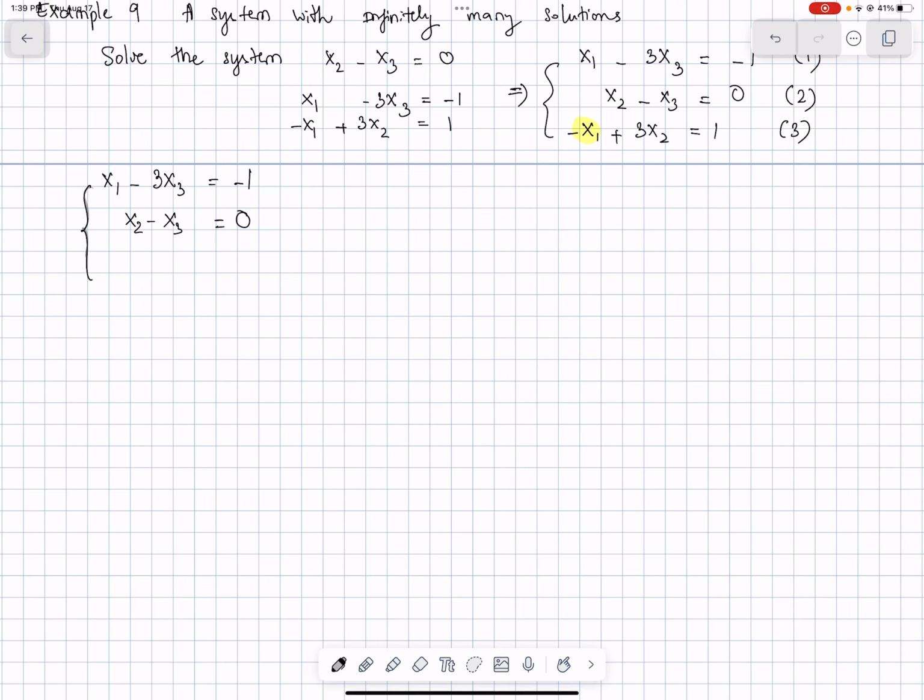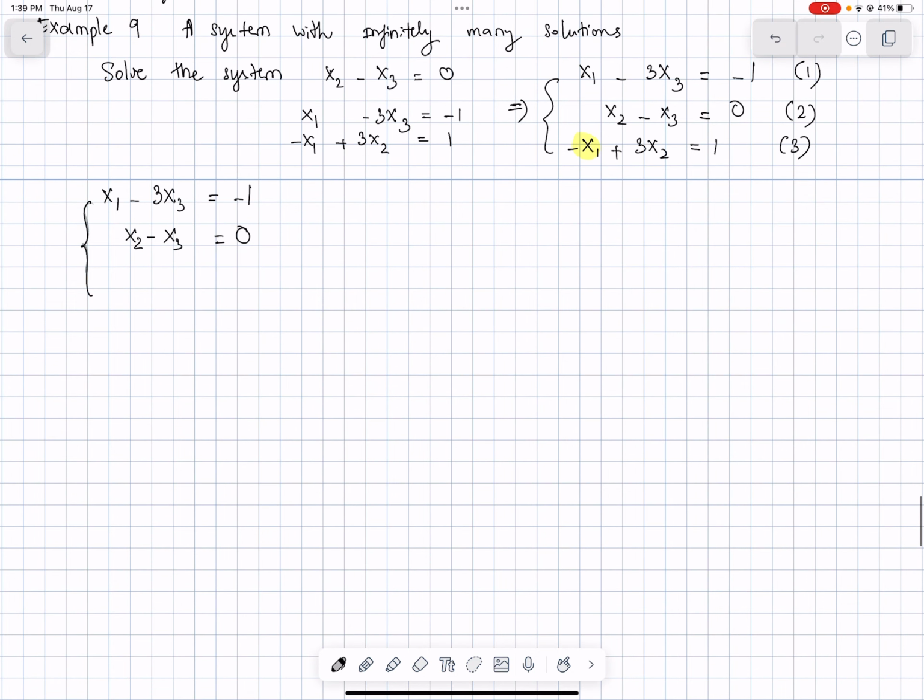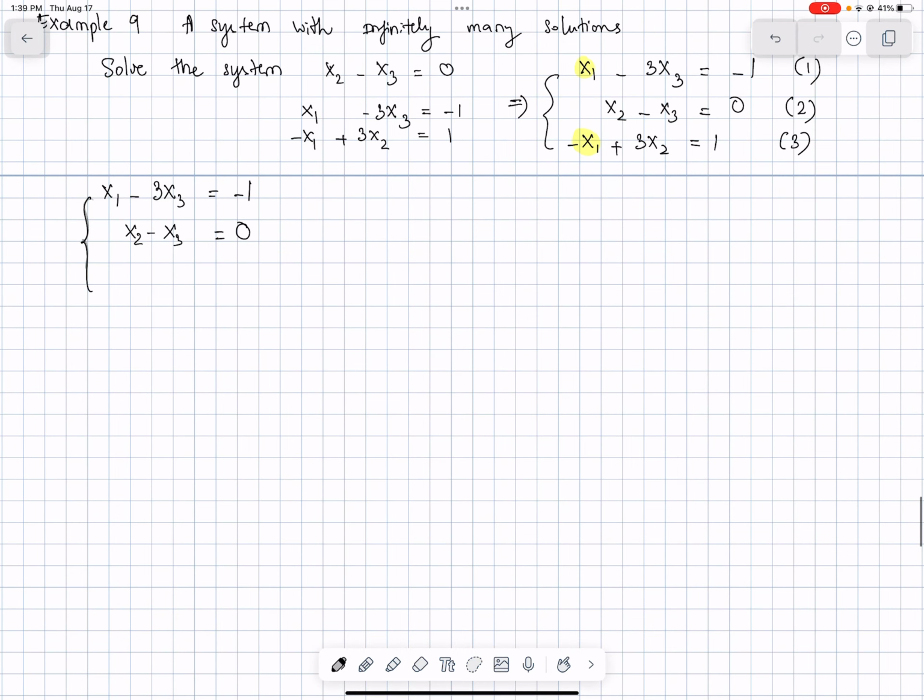We want to eliminate the yellow x1 in the third one, right? So we see that we have a positive x1, so let's just go ahead and add them up. So x1 goes away, and we will have 3x2 minus 3x3 equals 0. So that is our first step.